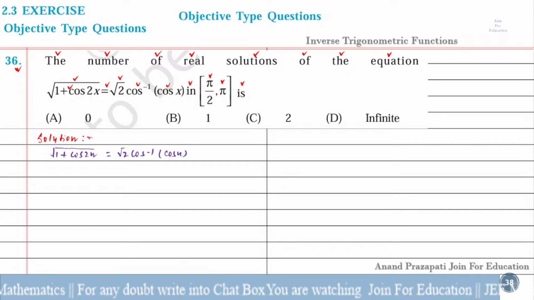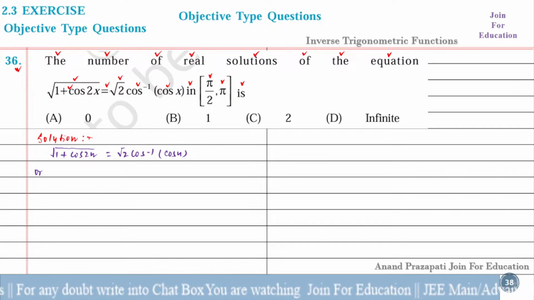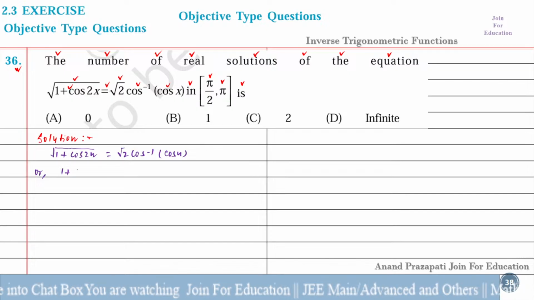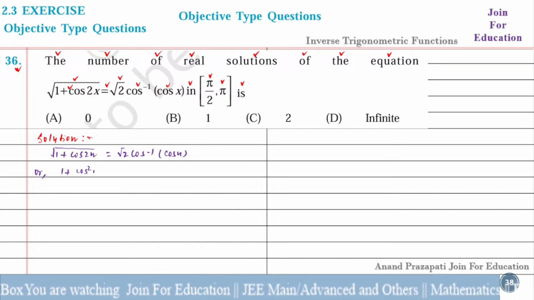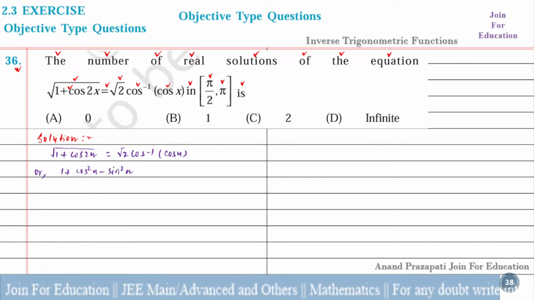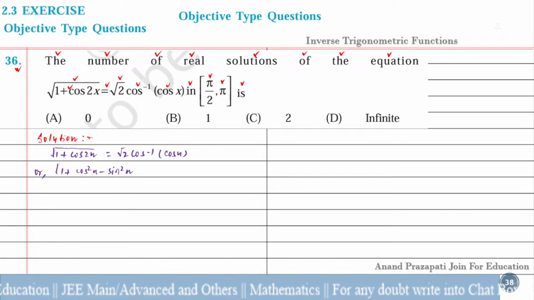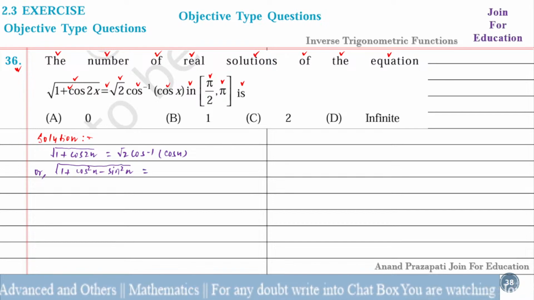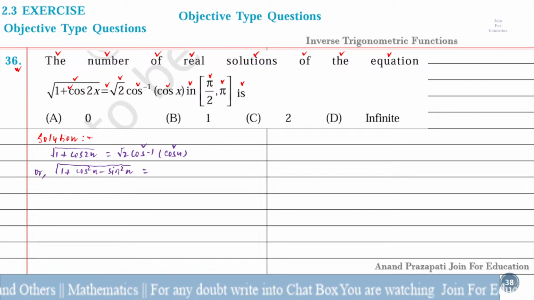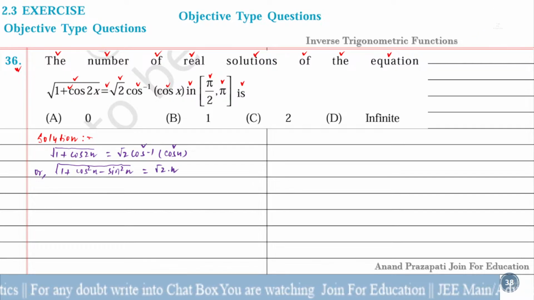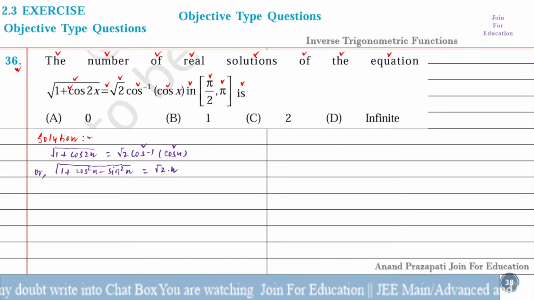The next step here will be 1 plus, and we know that cos 2x equal to cos square x minus sin square x over root equal to cos inverse cos x equal to root 2 into x. There is no problem to understand up to this step.